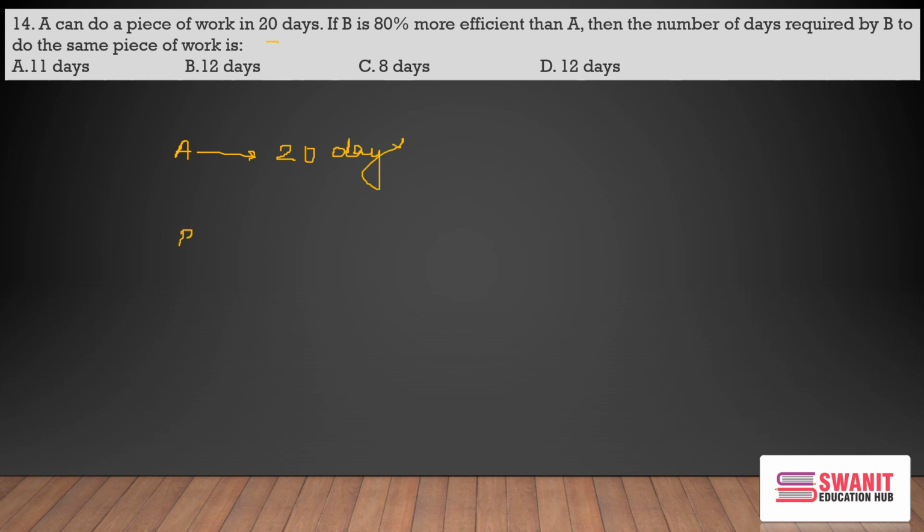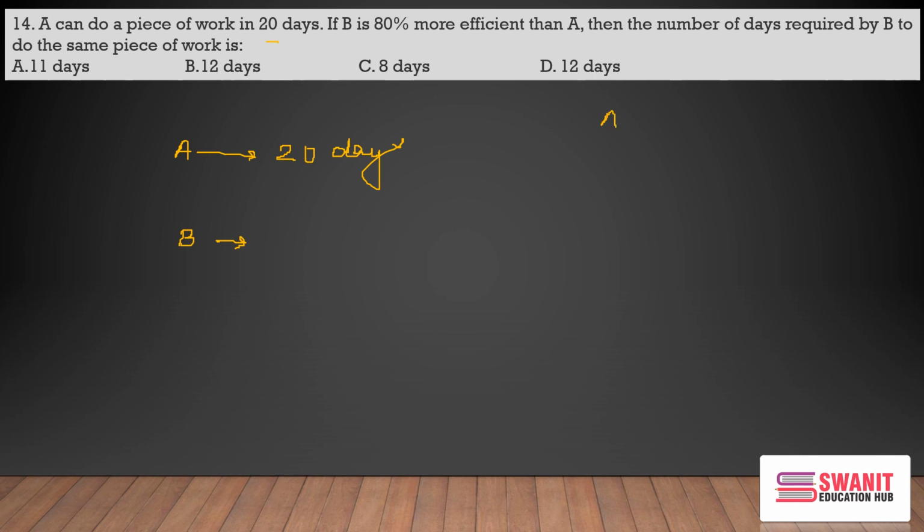If B is 80% more efficient, B would be taking less time than A. B can do the same in how many days is the question, whereas B is 80% more efficient.